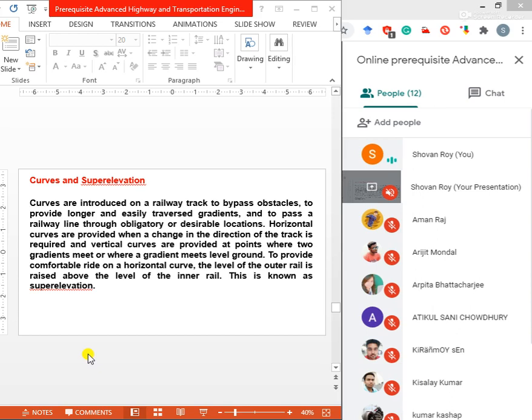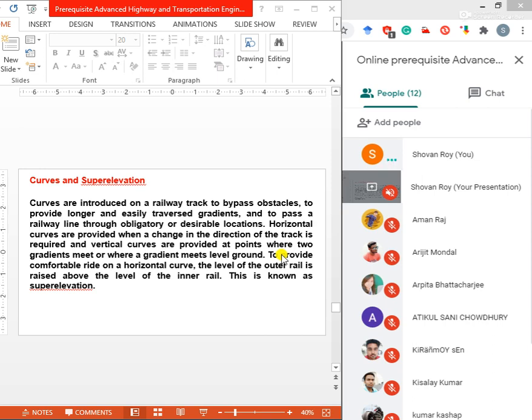Normally, horizontal curves are provided when a change in the direction of the track is required, and vertical curves are provided at points where two gradients meet or where a gradient meets level ground to provide a comfortable ride. On a horizontal curve, the level of the outer rail is raised above the level of the inner rail, and this phenomenon is known as super elevation.